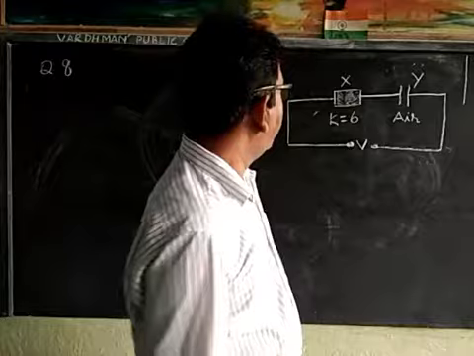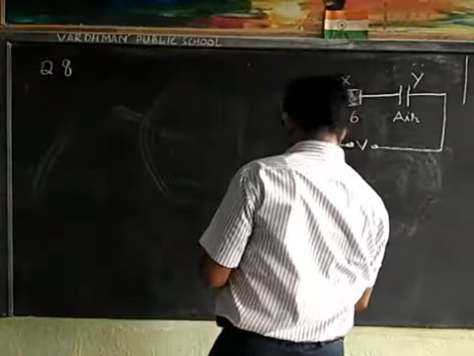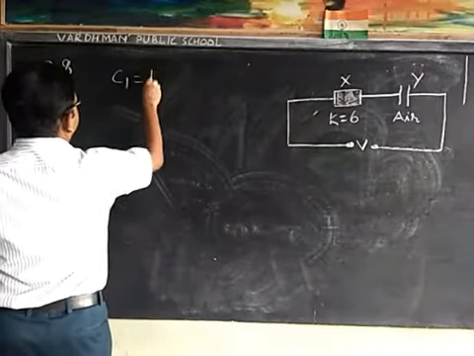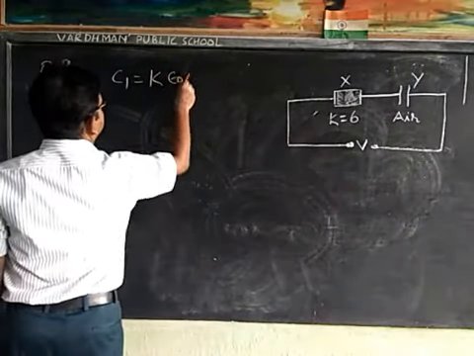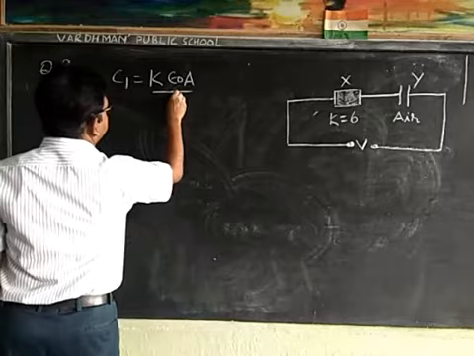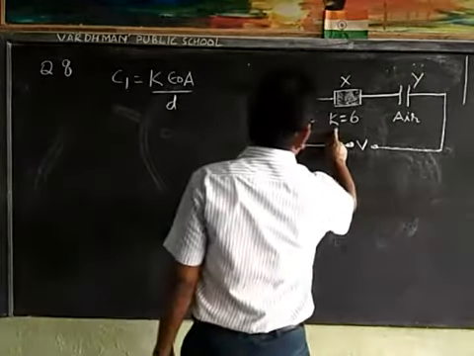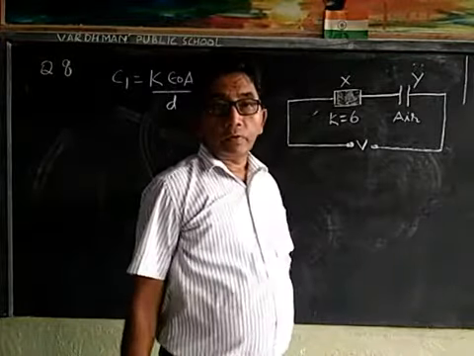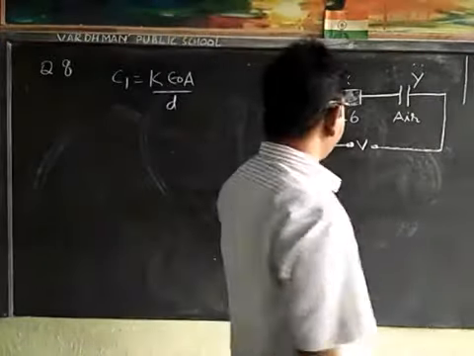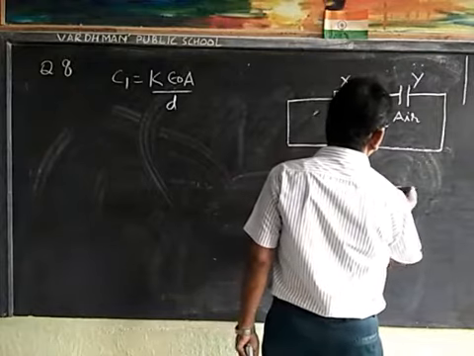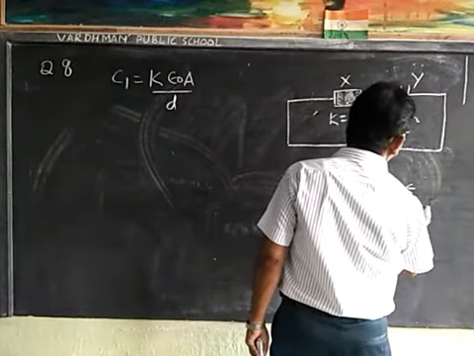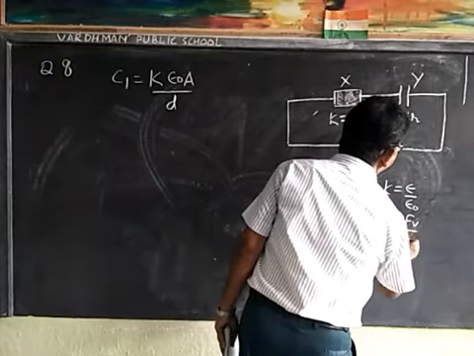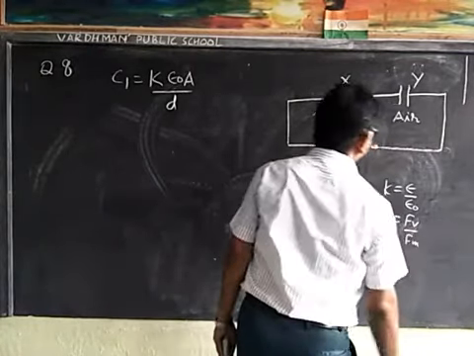First, for plate X, C1 is equal to K epsilon 0 A upon D. Here K is the dielectric constant. K is equal to epsilon upon epsilon 0, or K is equal to Fv upon Fm.